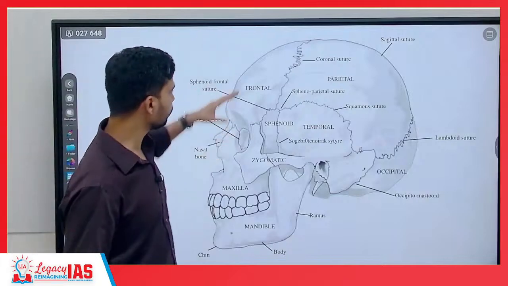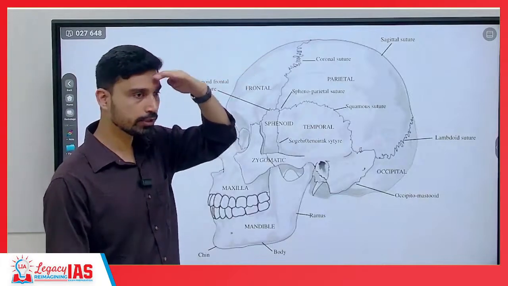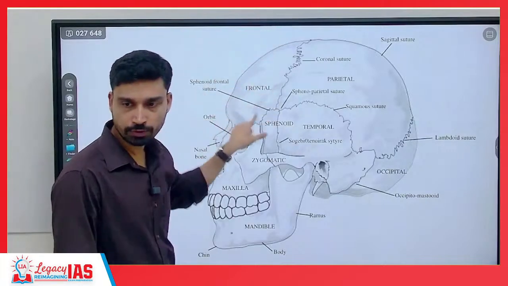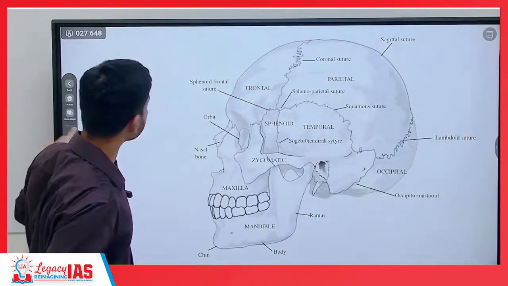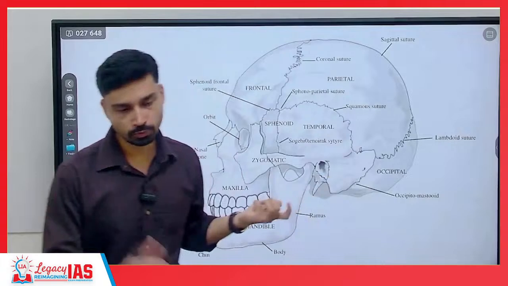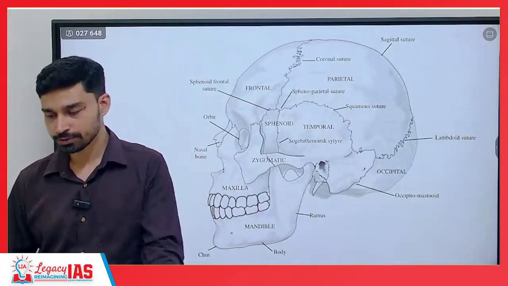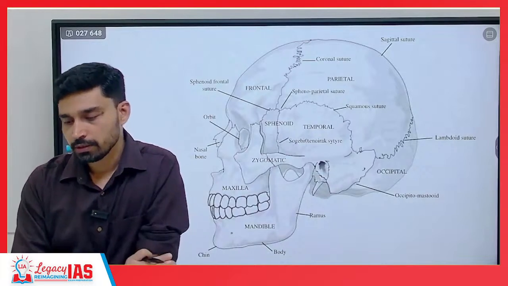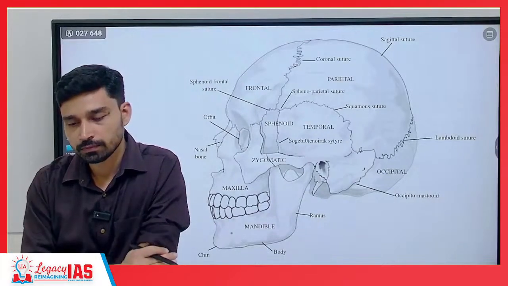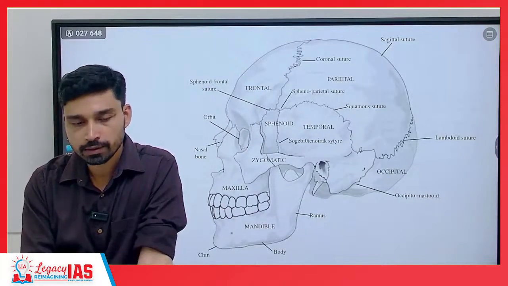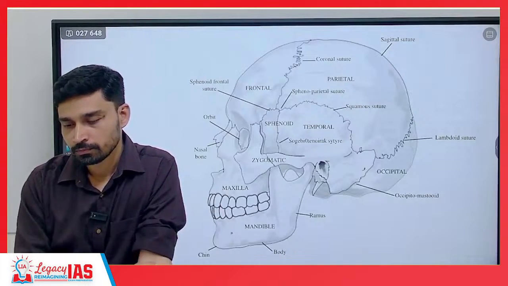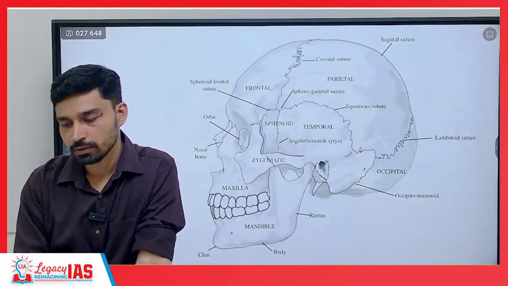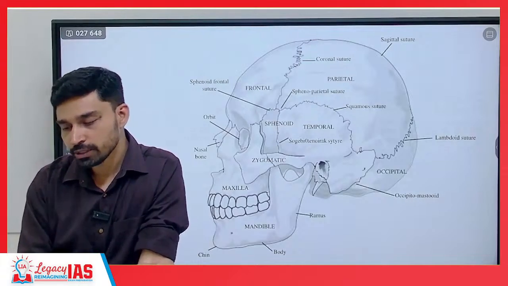Lobe-wise, this area above the eyebrow ridges going up to the center of your skull is called what? Frontal lobe. Now the frontal lobe is the site of three things. You can write: it determines intelligence, judgment, learning, and reasoning capacity.